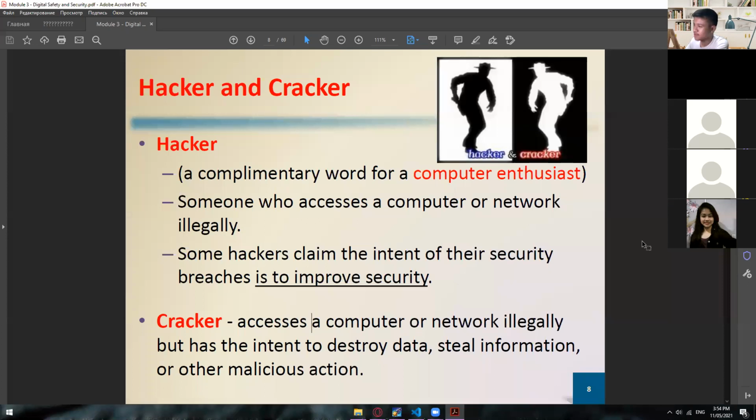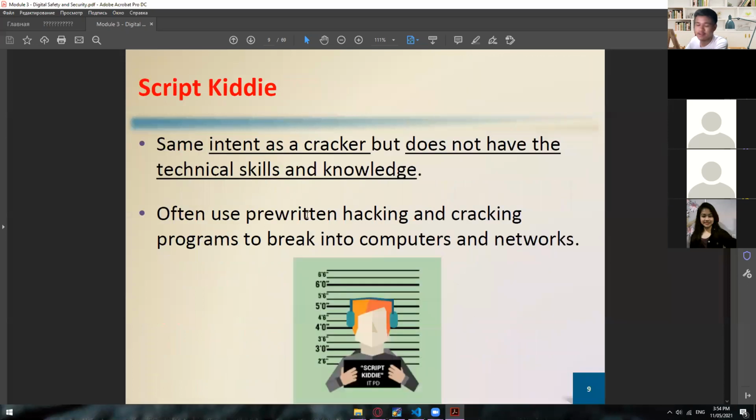All right. Okay. So next, right here is a script kiddie. A script kiddie is a person who wants to become a hacker, or a cracker to be exact, because this person is just using, let's say, a third party application or a tool to hack someone's computer.